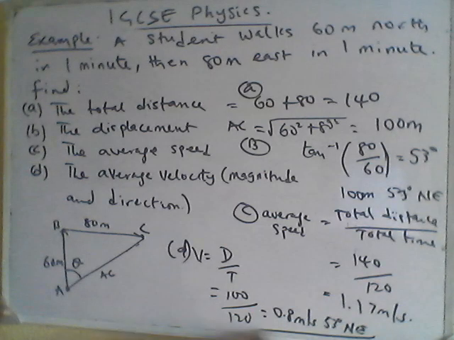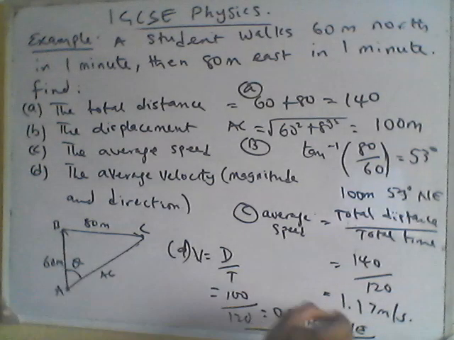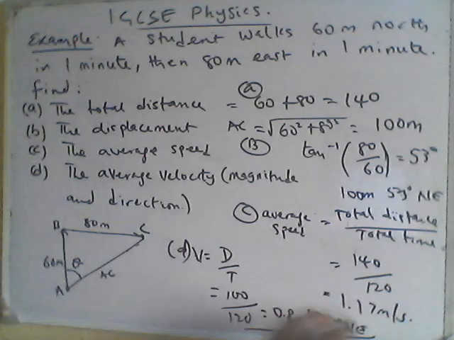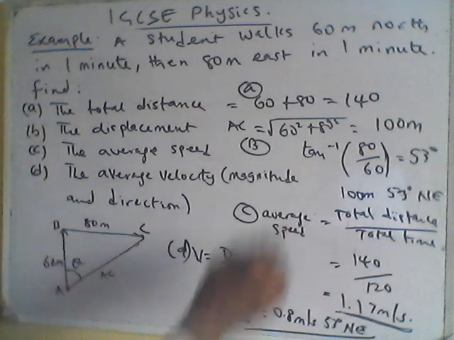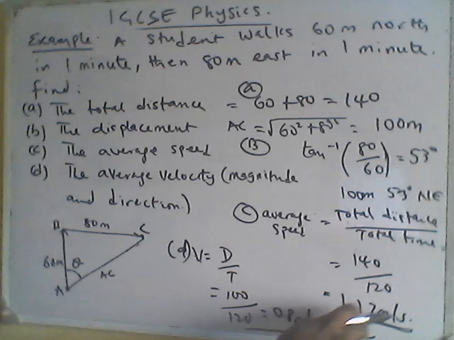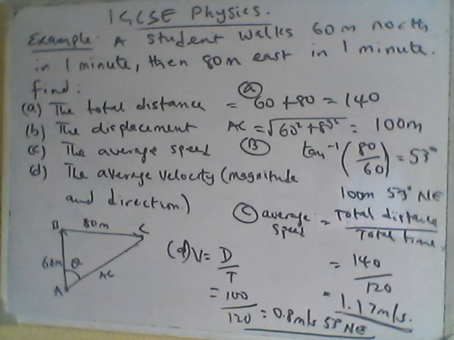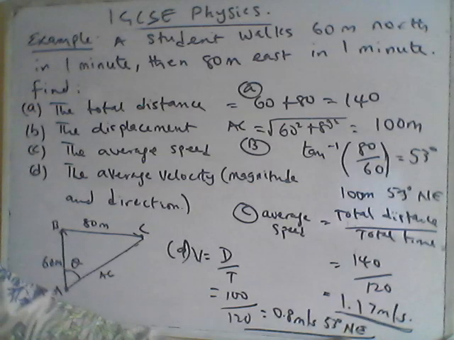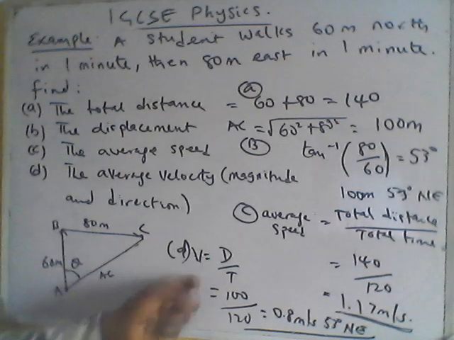You see the difference between average speed and average velocity. Same motion, same scenario. I'm getting 1.17 meters per second for average speed, and I'm getting 0.83 meters per second, 53 degrees northeast for average velocity.